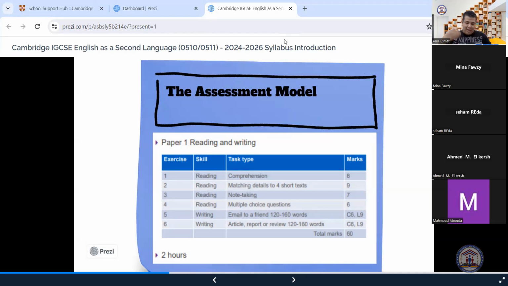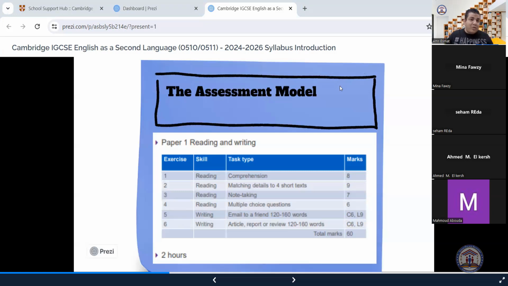In the last question, the examiner asks the students to write 3 reasons or 3 components or 3 anything, because each one of them equals 1 mark. Okay, let's move forward. So the first exercise is out of 8.